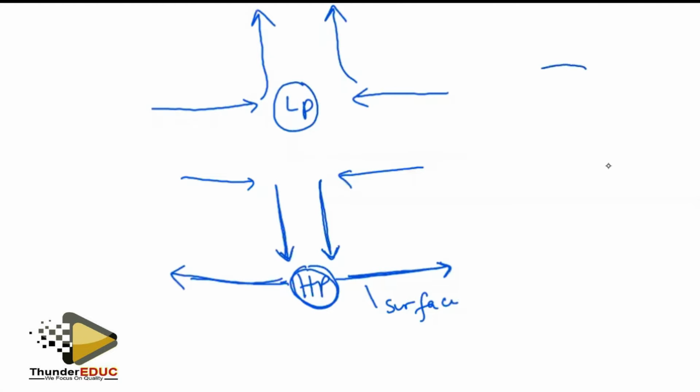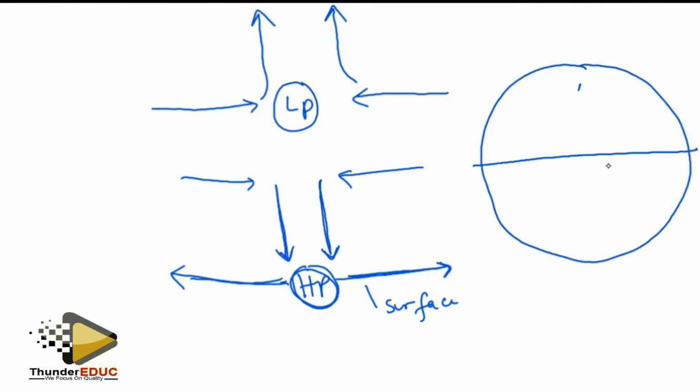If we have this globe here, which shows northern hemisphere and the southern hemisphere. So we know that in the southern hemisphere, low pressure cells rotate in a clockwise direction, and they rotate anti-clockwise in the northern hemisphere.